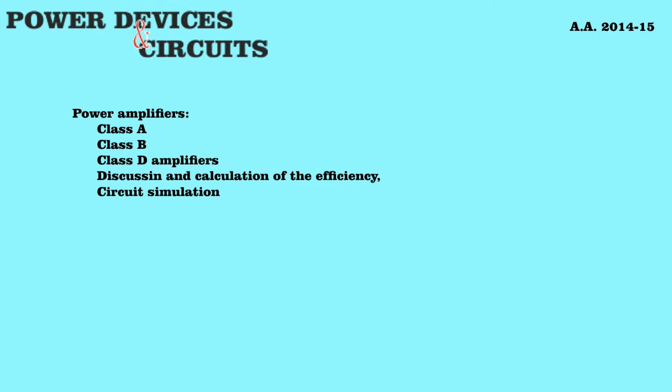We now focus on power. Classes of operation of power amplifiers and power circuits. Now, this is a typical application for audio systems, for example, and the idea is transferring a sinusoidal signal or the sum of sinusoidal signals.